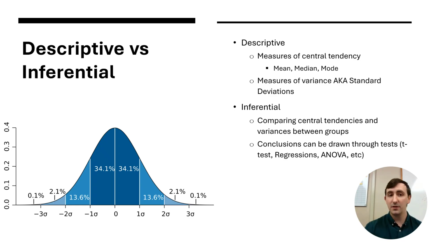And then mode is the score that happens most frequently. So one of the reasons you see income put into brackets, 0 to 20,000, 21,000 to 40,000, and so on and so forth, is because that lumps income together. And because it lumps income together, some brackets might happen more often than other brackets, right?